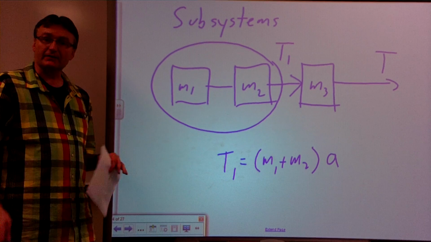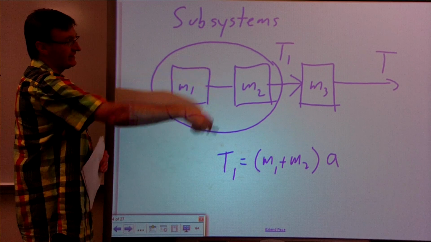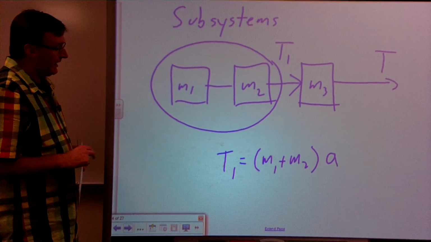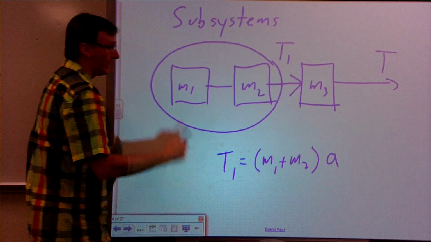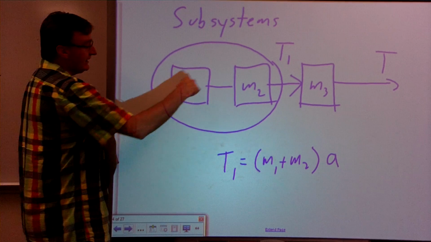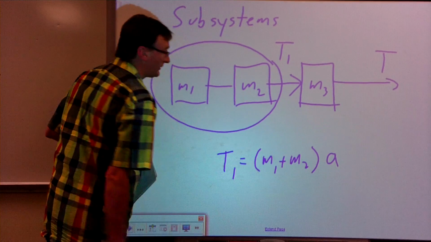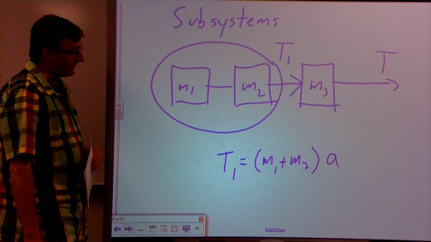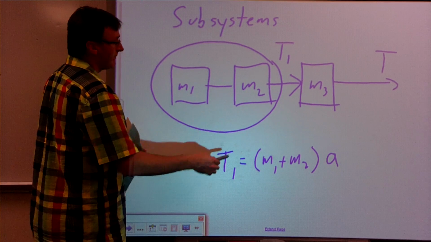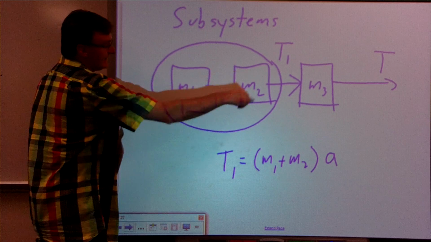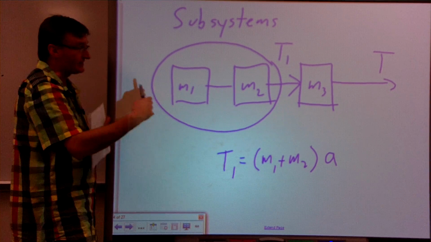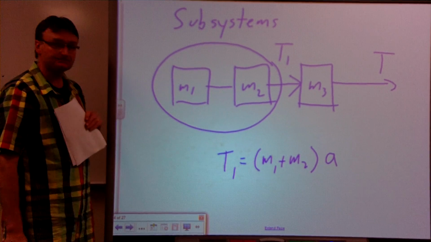Then what you can do after that is divide this into subsystems. Because we have the acceleration of the whole system, you know that each of the masses is accelerating at that rate, so we can find the tension that's pulling these two masses as a subsystem of the entire system.